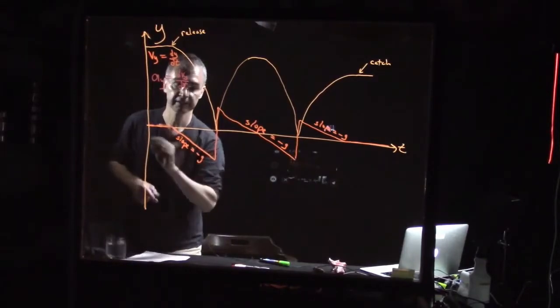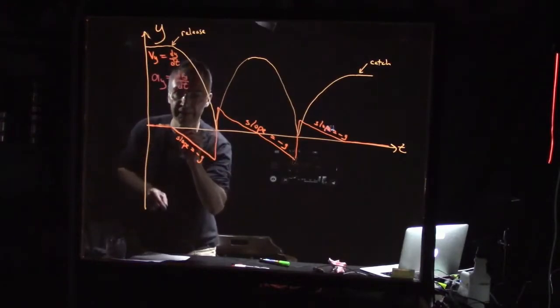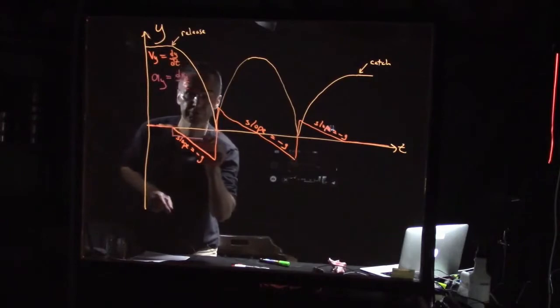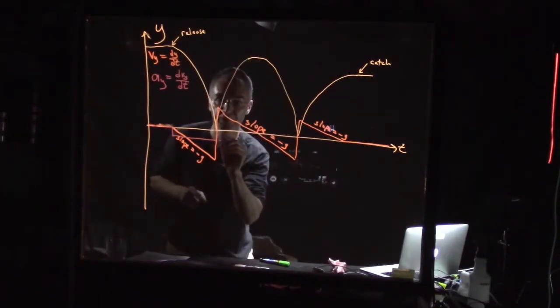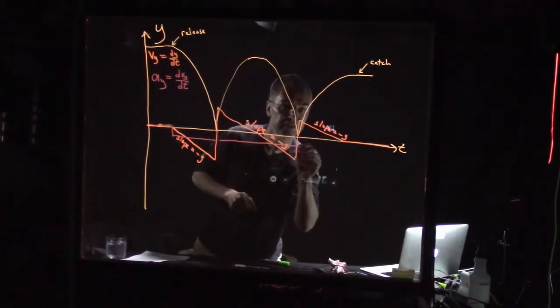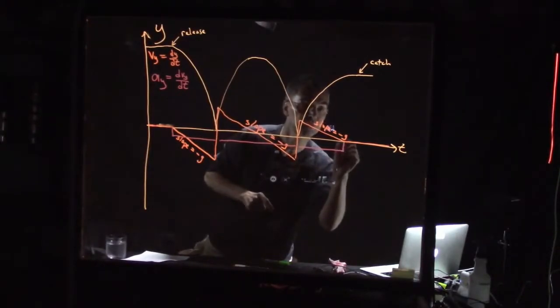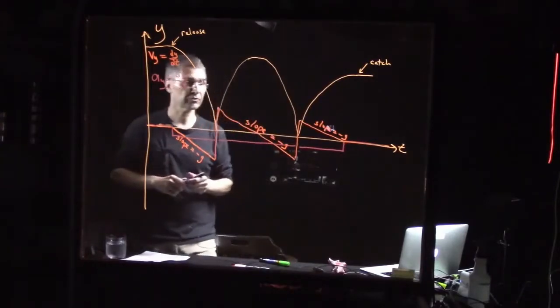And then we have something that's minus g. I'm going to make minus g kind of small here. And over here the slope is also minus g, and over here the slope is also minus g. And then the slope is 0 of the orange curve, because the purple curve is the slope of the orange curve.